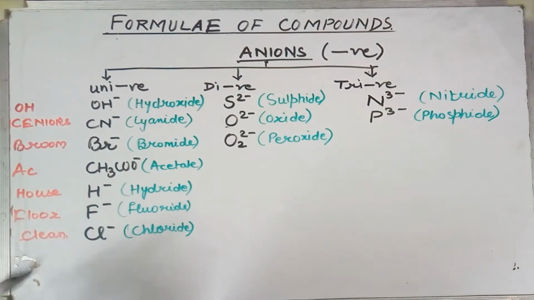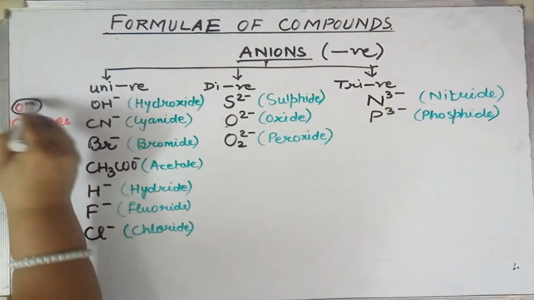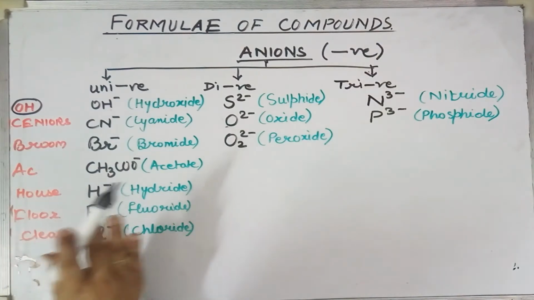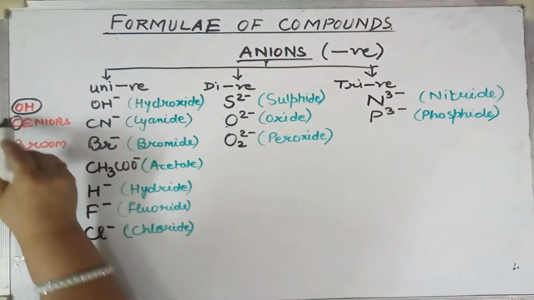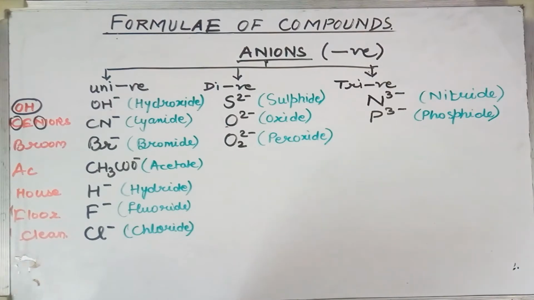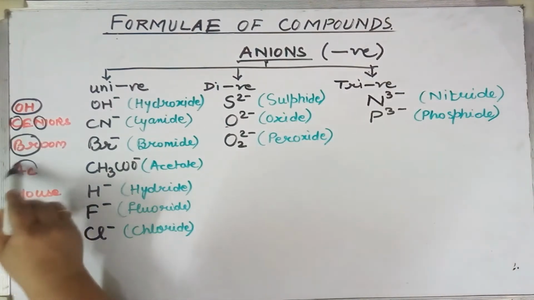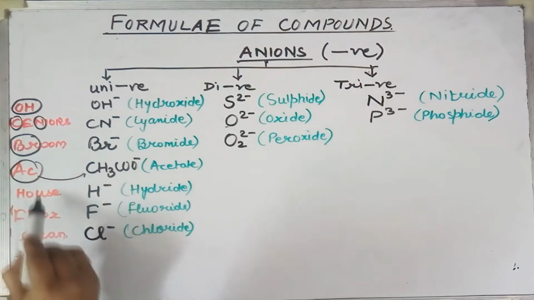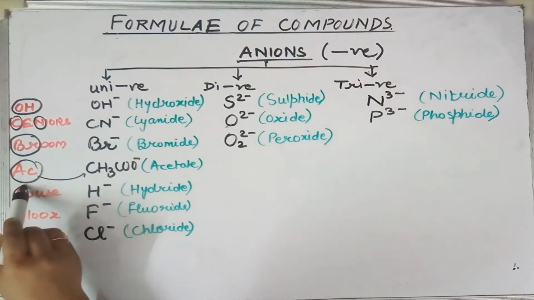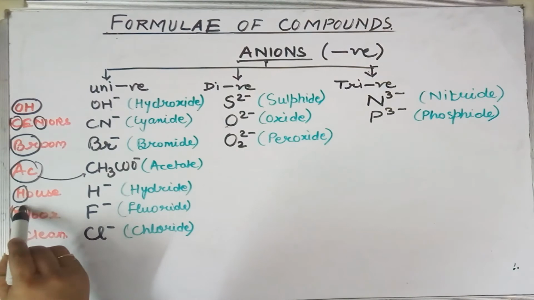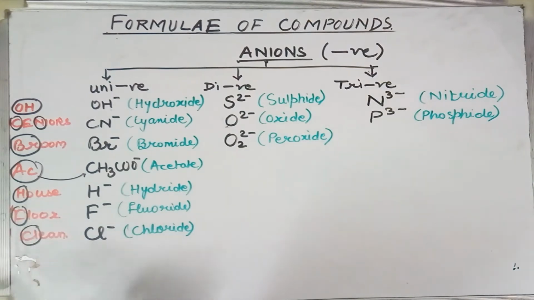O reminds you of OH minus. CN reminds you of the CN minus. Br reminds you of the bromide. AC reminds you of the acetate. H reminds you of the hydride. F is for the fluoride and Cl for the chloride.